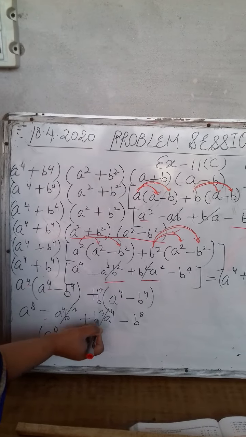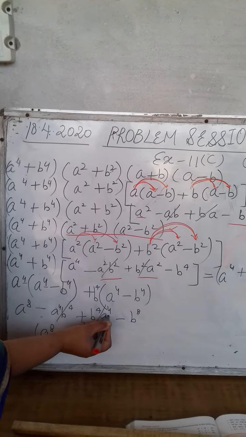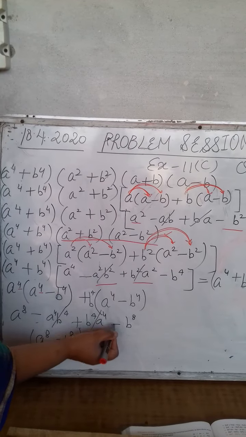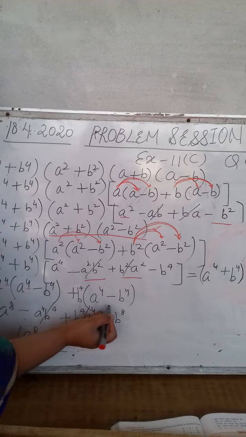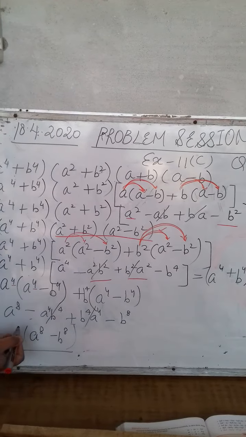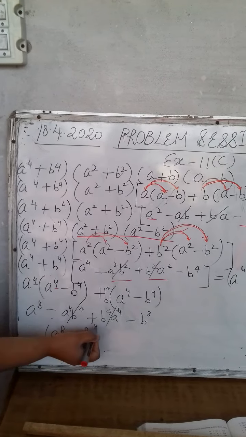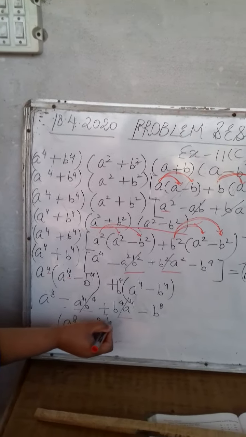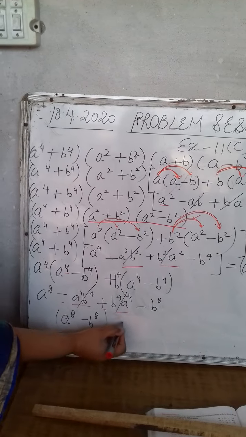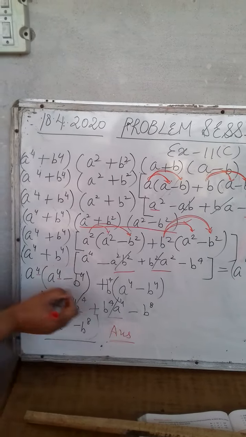Now plus plus plus B raised to the power 4, A raised to the power 4, plus minus minus B raised to the power 4 into B raised to the power 4 will give you B raised to the power 8. Now again this is of minus sign and this is of plus sign and they both are like terms. They will get cancelled and A^8 minus B^8 is the answer.